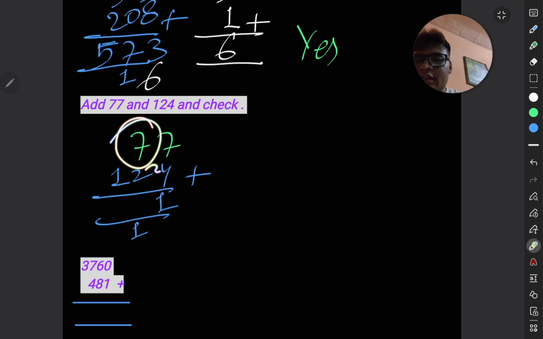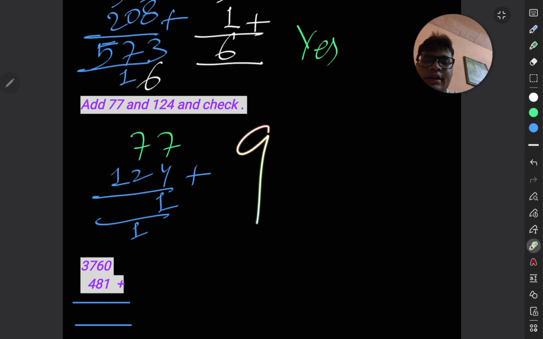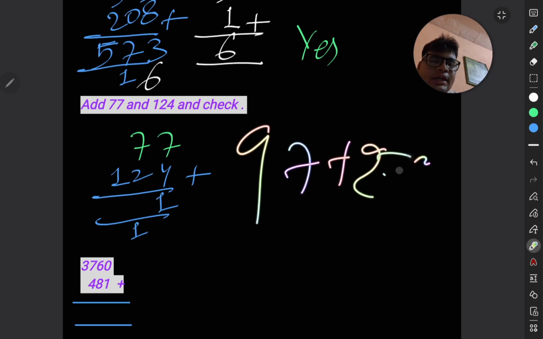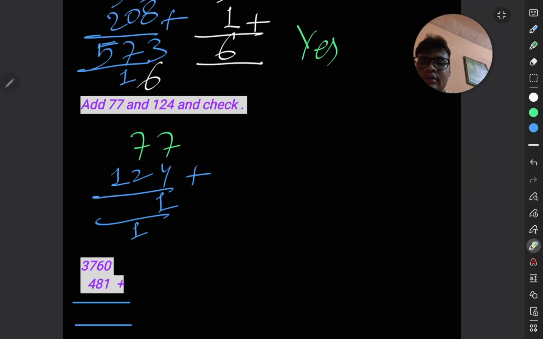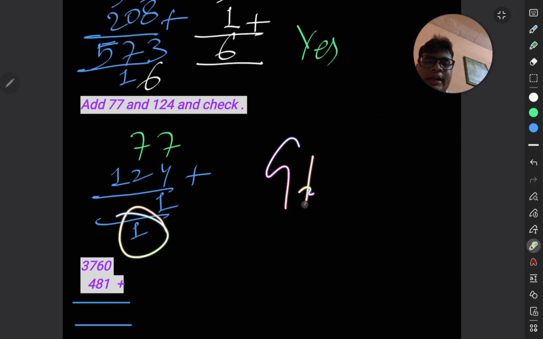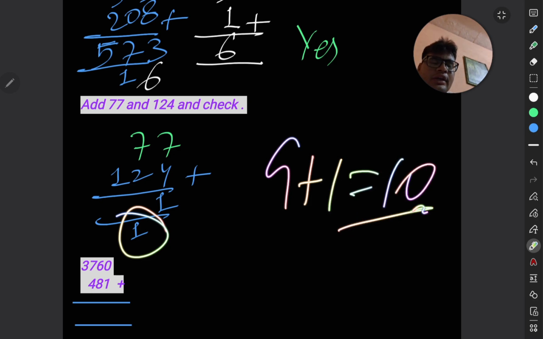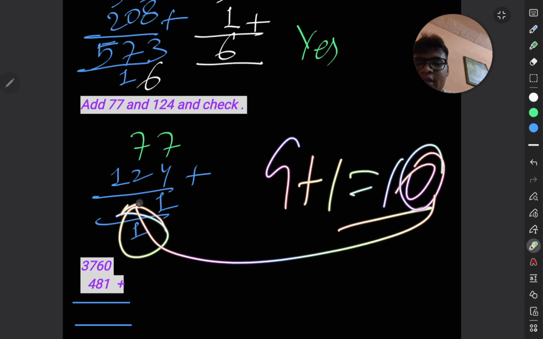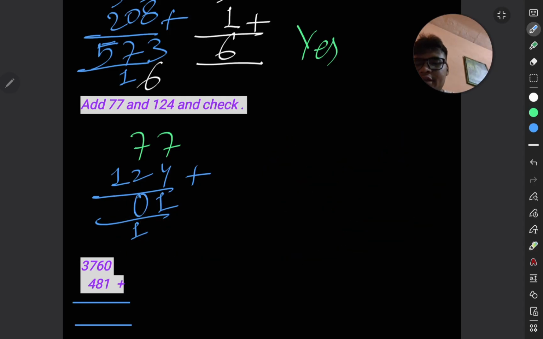Then we will add 7 plus 2. 7 plus 2 will be 9. Yes, so here is 1 carry. So 9 plus 1 will be 10. So here we will write 0 in this place and 1 will be carry.